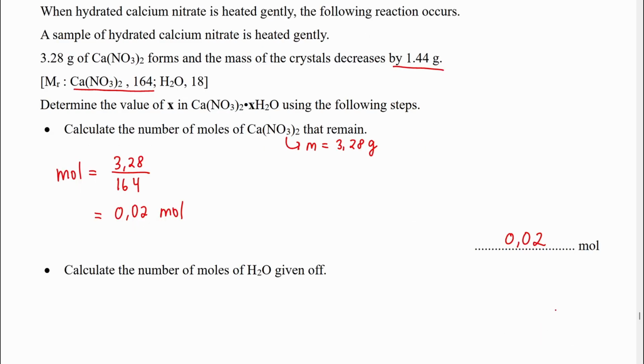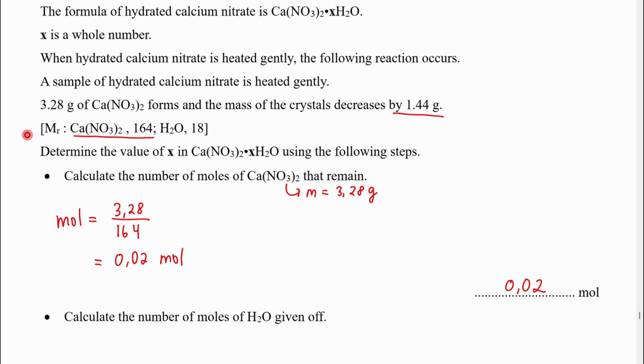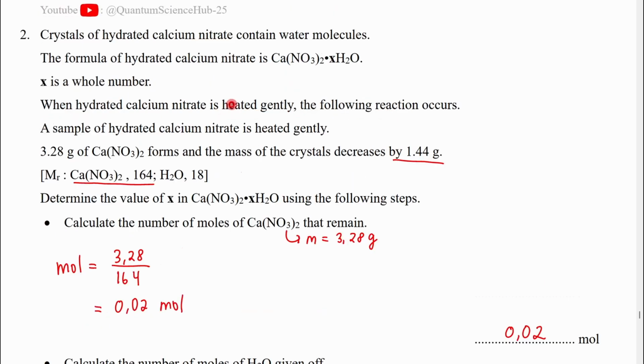Next, calculate the number of moles of H2O given off. From here, we know the mass of the crystals decreases. So that means when you heat hydrated calcium nitrate, hydrated means it contains water. So when you heat it, the water will evaporate and the mass decreases by 1.44 gram.